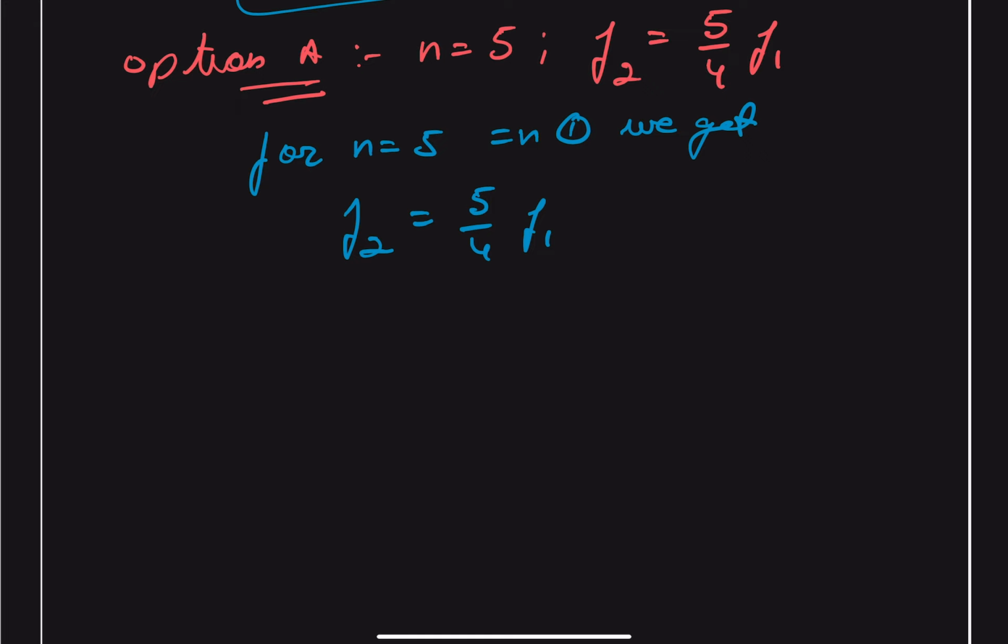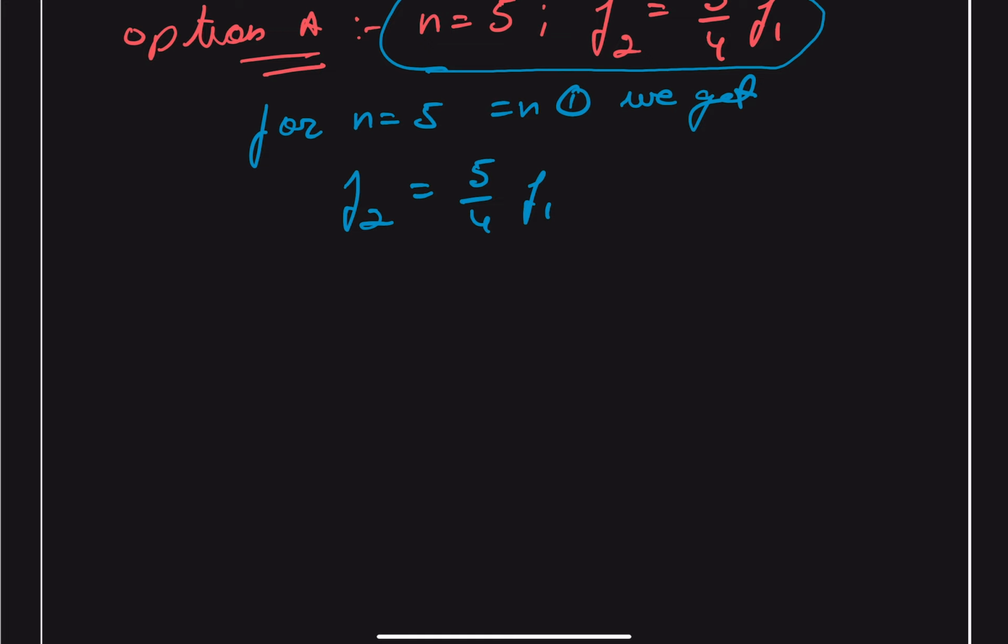So this option is correct, because for n equal to 5 the relationship is given. It is one of the correct options.